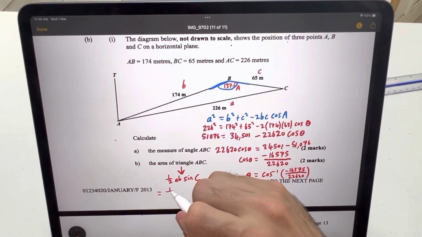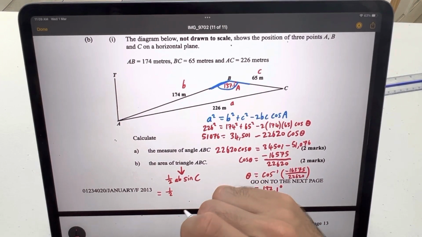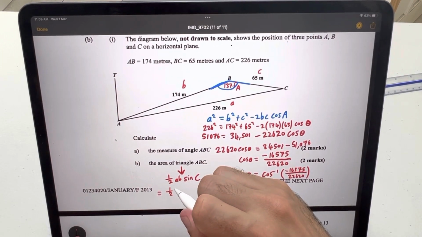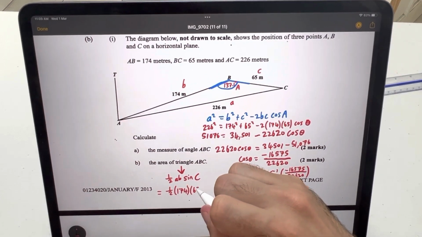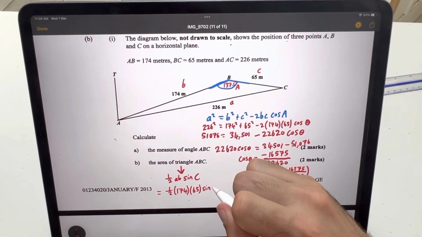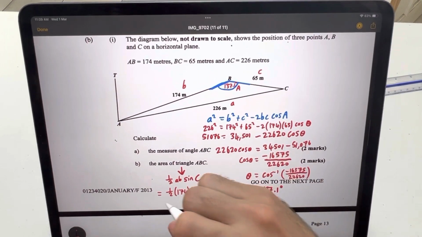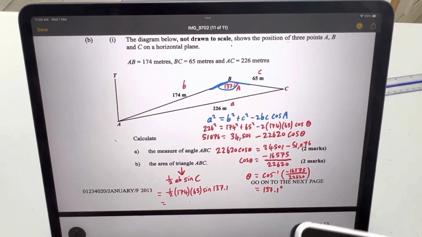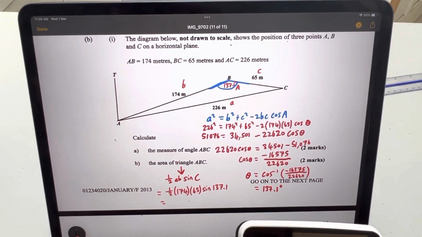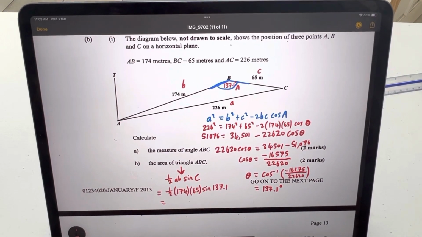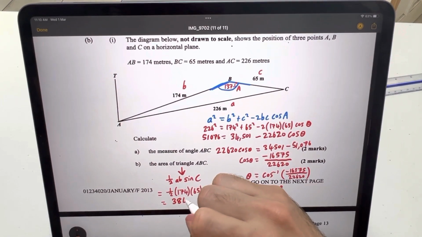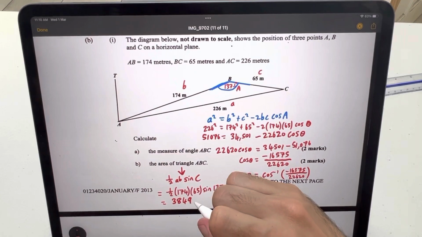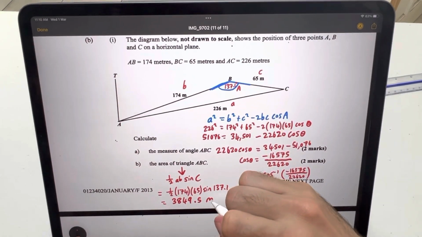We can just plug those in. A half times 174 times 65 sine 137.1. And we get 3,849.5 meters squared.